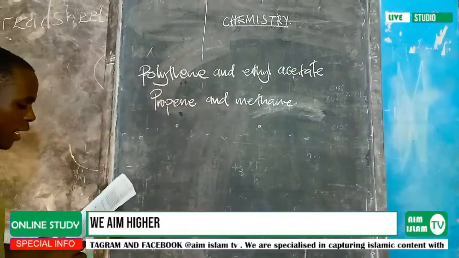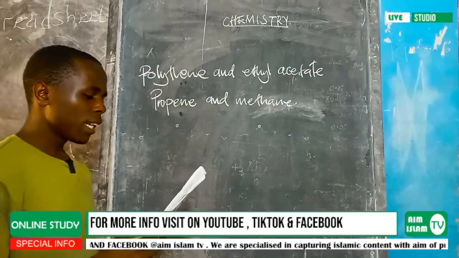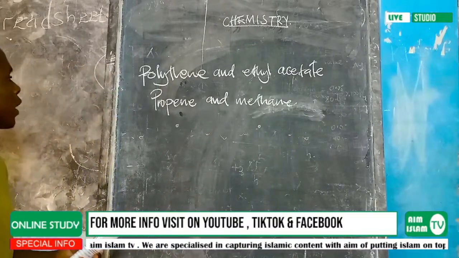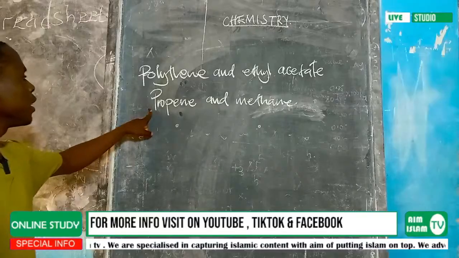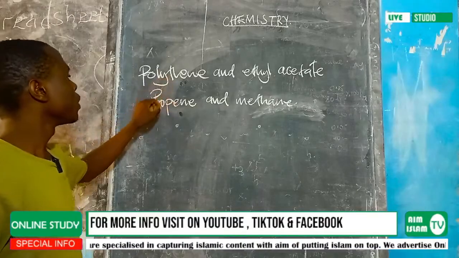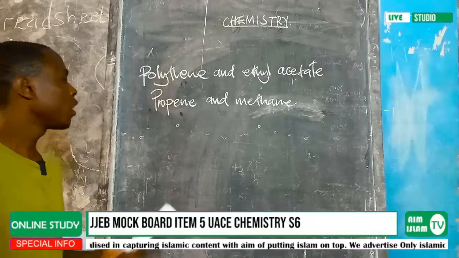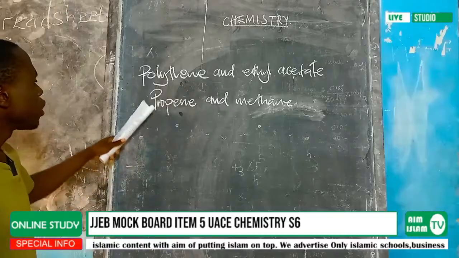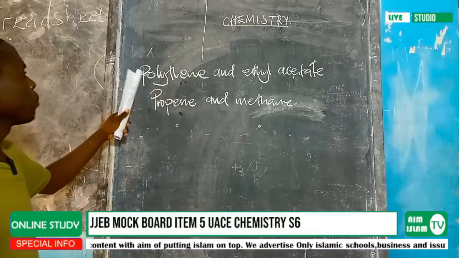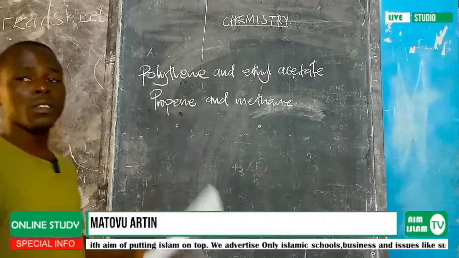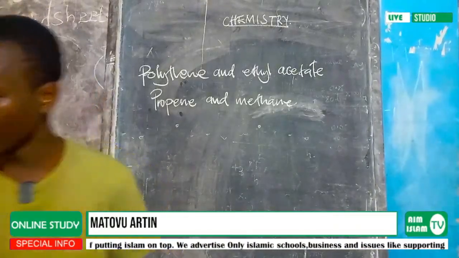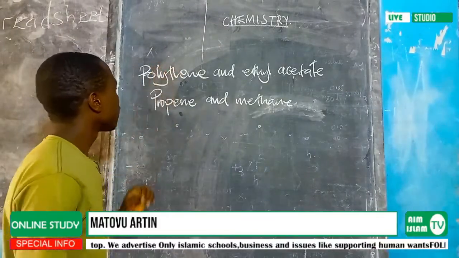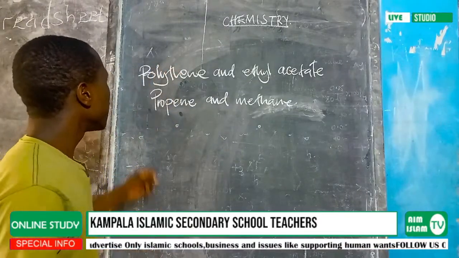So now they are trying to tell us that indirectly they want us to show the synthesis of these compounds from their respective compounds given. For example, how can we get polyethylene from propene. So starting with that item, let us first answer this first part: how we can obtain polyethylene.